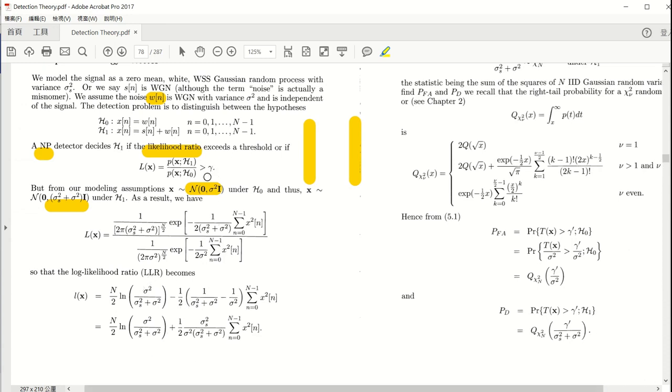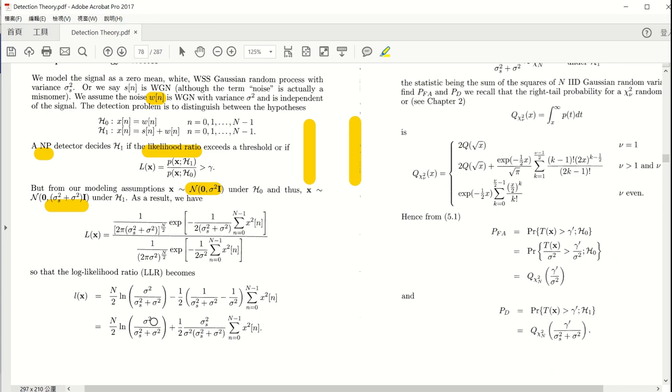Notice that we are going to set this to be larger than a threshold gamma. Okay, that's what we are going to do. But as with the similar techniques that we have used previously, this term is a known constant, right?